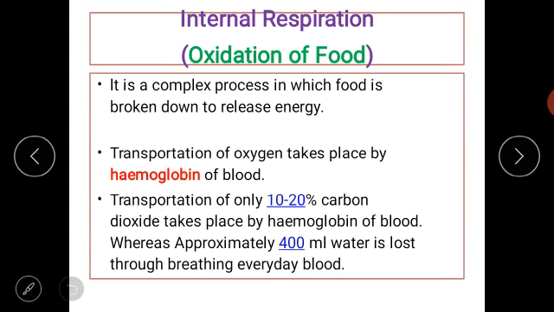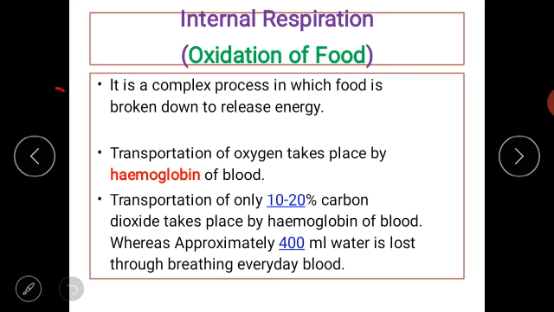And the last point that we are going to study is internal respiration.